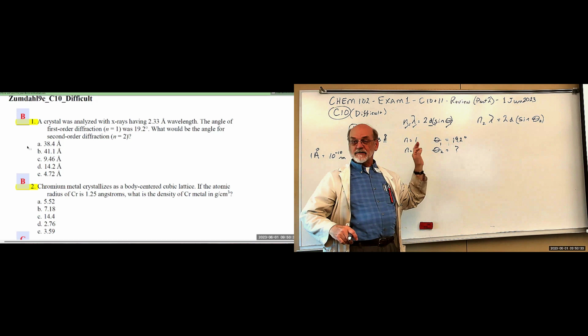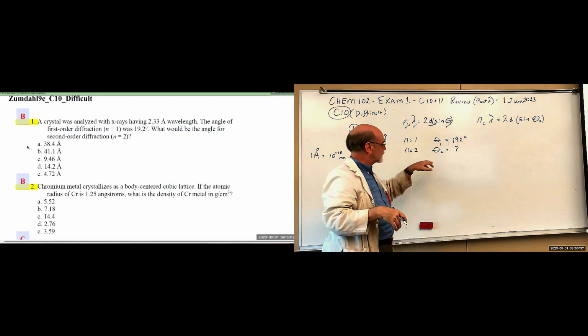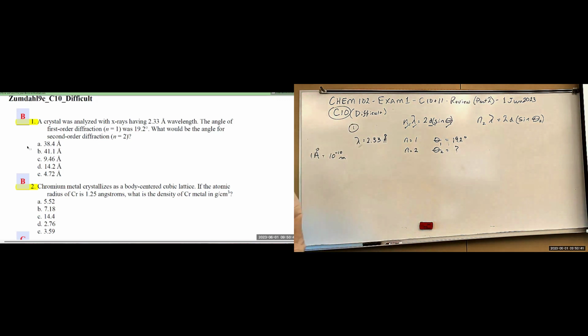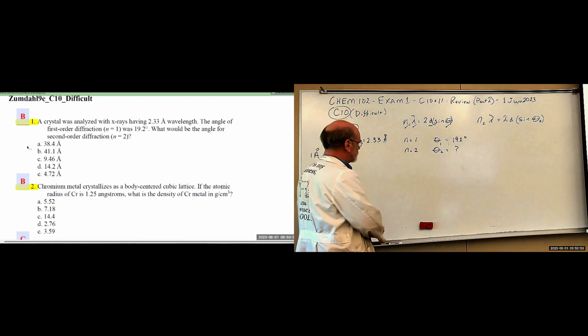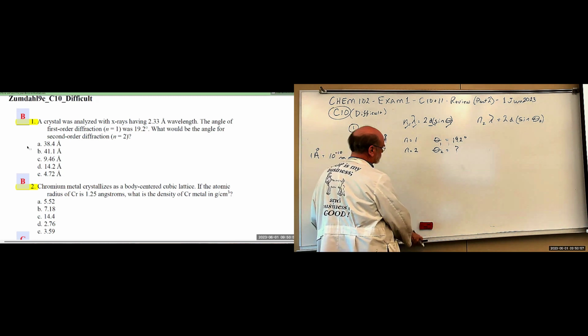Right, since D is the same for both of them, we can set those 2 equations equal to each other and solve for this unknown and then plug in the numbers and do it in one calculation. That's the other option. Right. But if it makes more sense, we can do sequential calculation. I think that's the way I did it in the worked problems. So we'll do it that way.